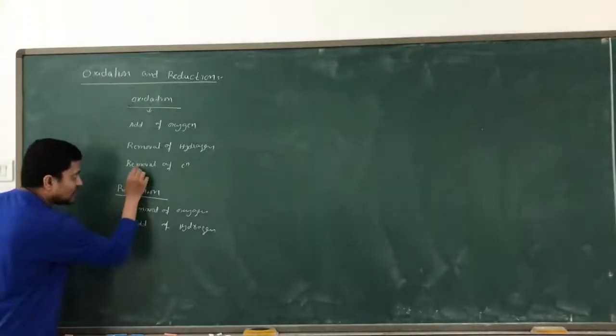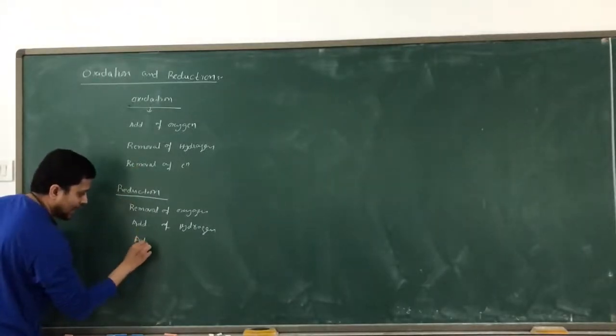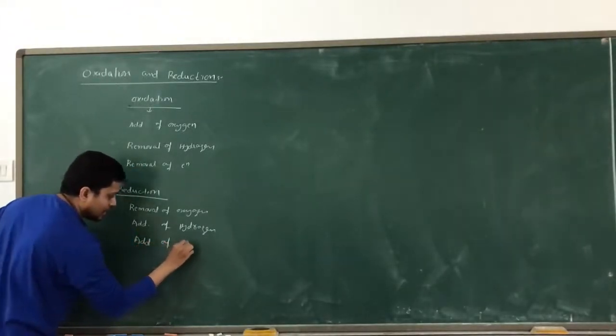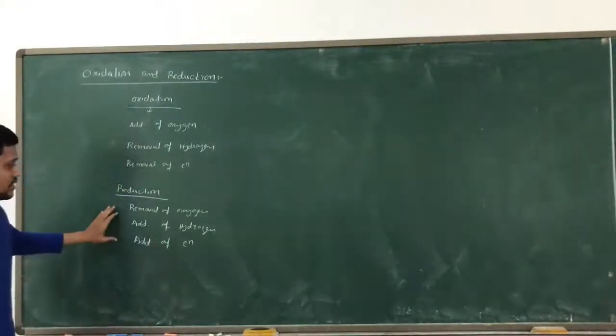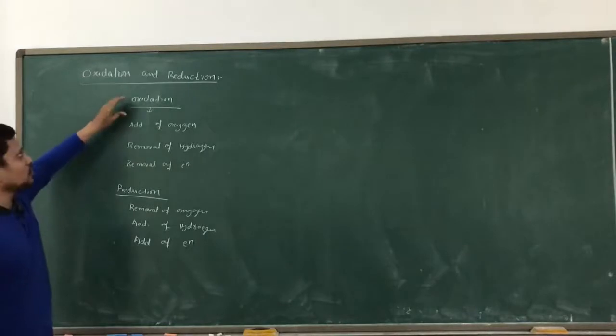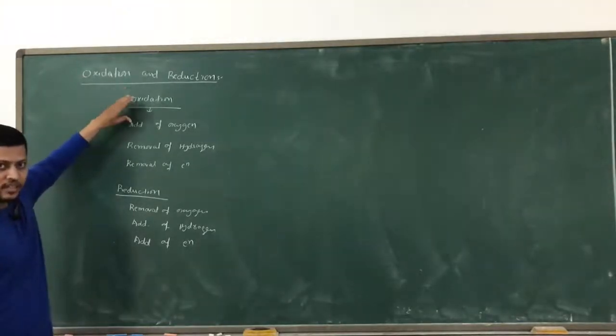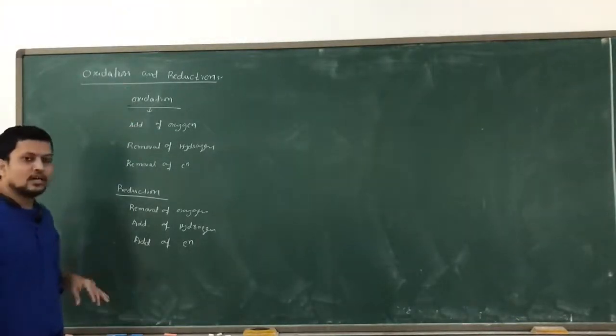And as we are saying removal of electron for oxidation, here we have addition of electron. These things are quite easy to remember. If you remember what oxidation is, then the opposite of that is reduction.